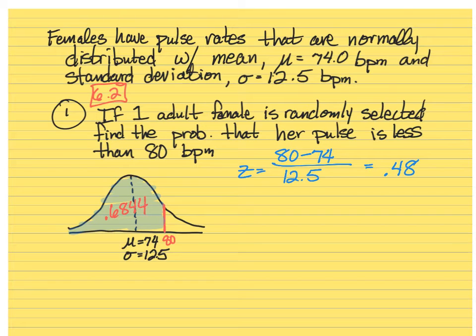So the probability that the value of x is less than 80 is 0.6844 or 68.44%, right? So there's a pretty good chance that if we choose one at random, they'll have a pulse less than 80.